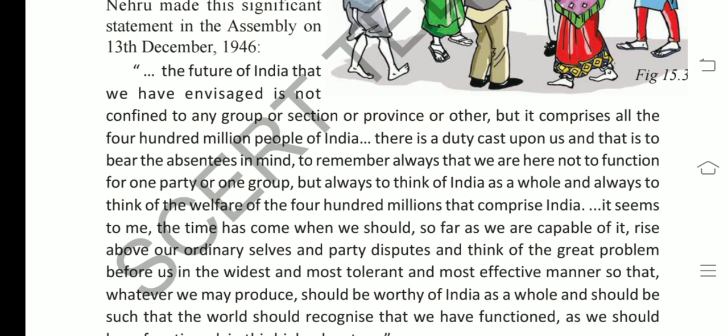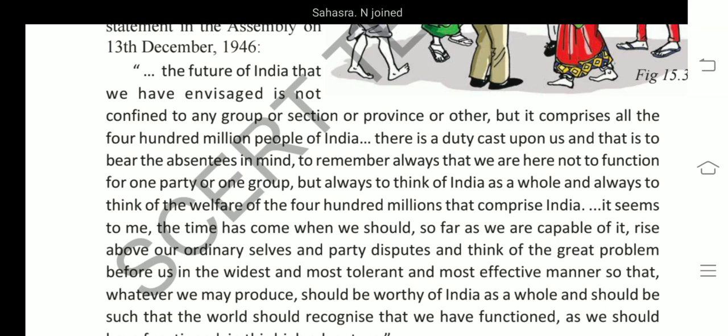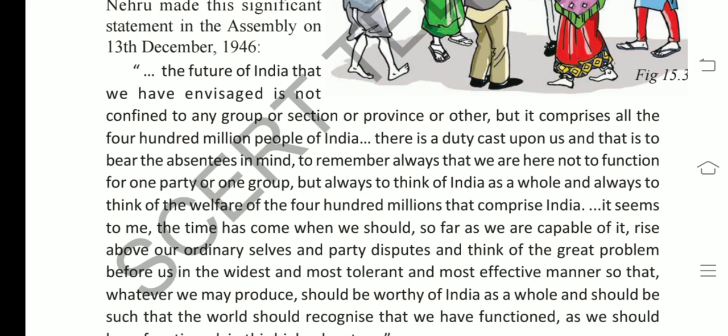Suppose some members are related to the Brahmin community, then they should think of all community people while producing the best constitution. That means they should forget that they belong to one particular caste and particular religion. They should think that they are the representatives of all Indians, that is 400 million people. So they should prepare the constitution in the best manner, and that should fulfill the needs and benefit the interest of all community people.